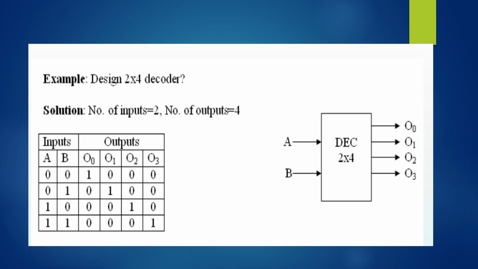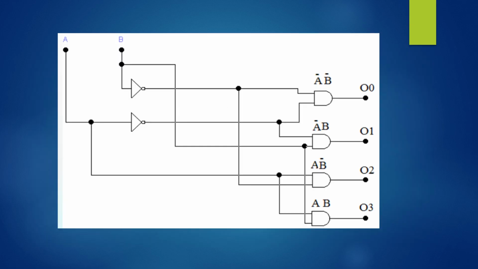And the design example they have given is a 2 into 4 decoder. So the inputs are A, B, and the outputs are O0, O1, O2, O3. There are 4 lines of output. According to the truth table, we have formed the logic diagram also.